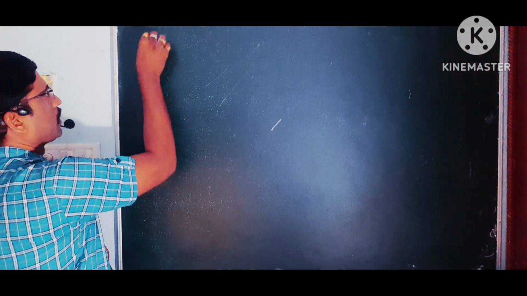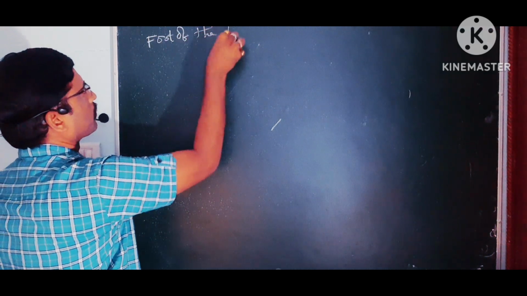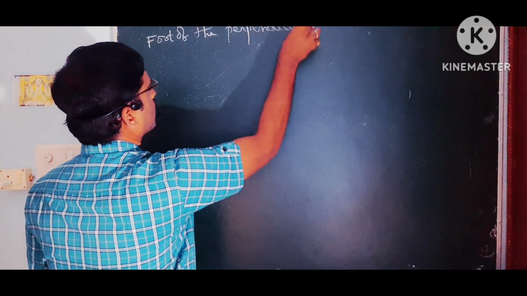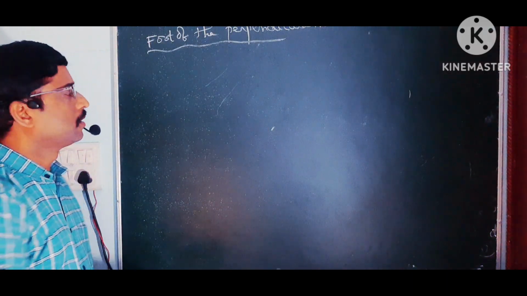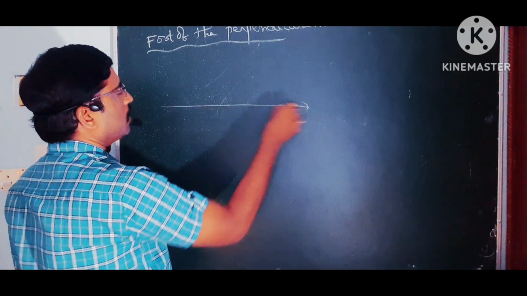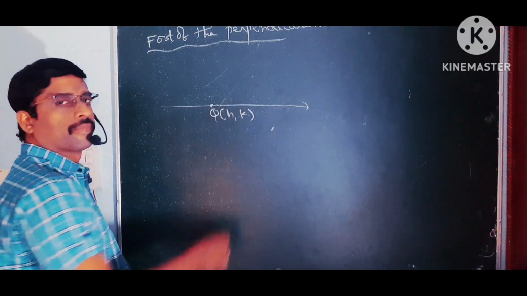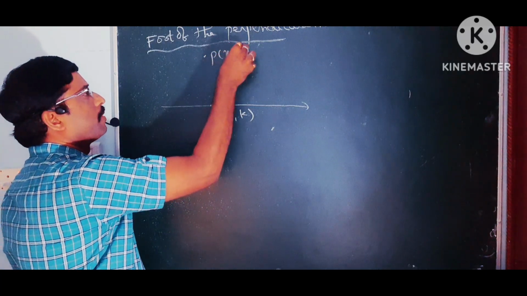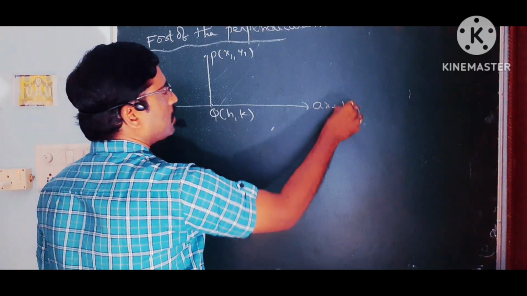Okay, now I'm going to explain foot of the perpendicular. Let Q(h, k) be the foot of the perpendicular from P(x1, y1) to Ax plus By plus C is equal to 0.